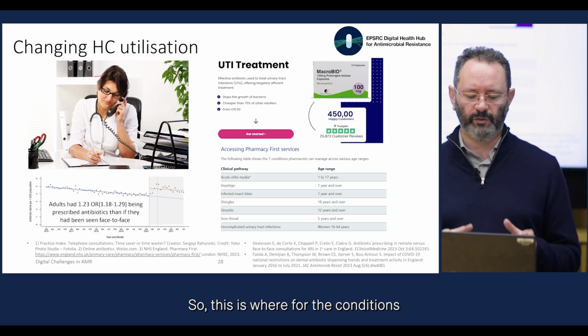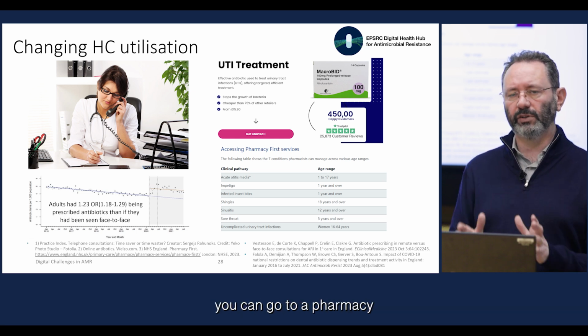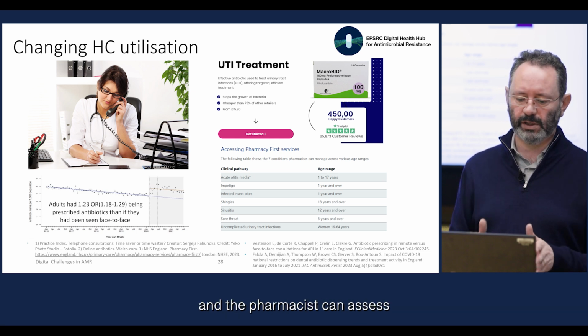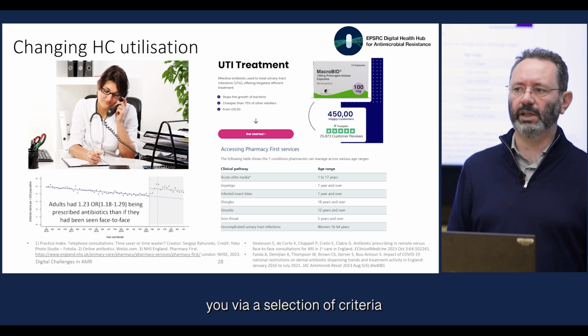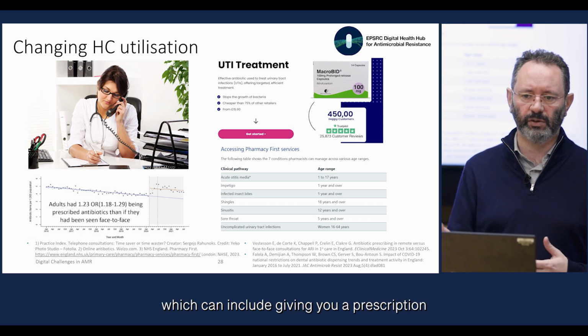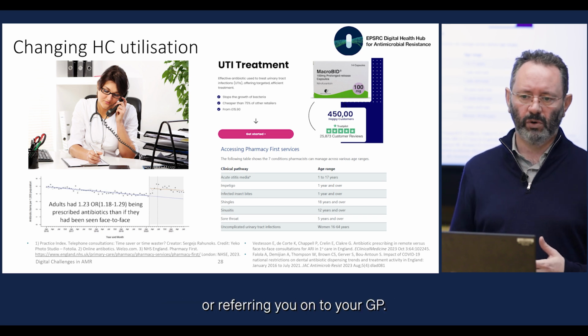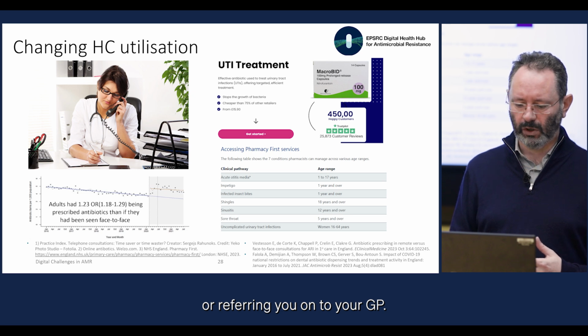So this is where, for the conditions in the table you can see there, you can go to a pharmacy and the pharmacist can assess you via a selection of criteria and decide to take action based on that, which can include giving you a prescription or referring you on to your GP.